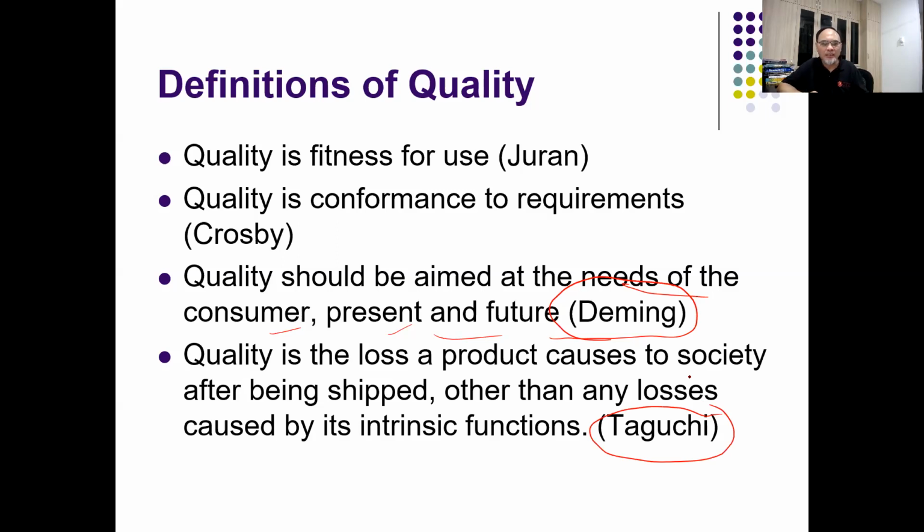He said that quality is a loss to society. Very philosophical. Anything that results in loss to society after being shipped is a loss, other than that caused by its intrinsic function that it is intended for. For example, the thickness of a piece of paper: when you use it to print and it tears because the strength of the paper is not sufficient, it's a loss to society, because you have already produced it, there's cost involved, even for just one piece of paper.